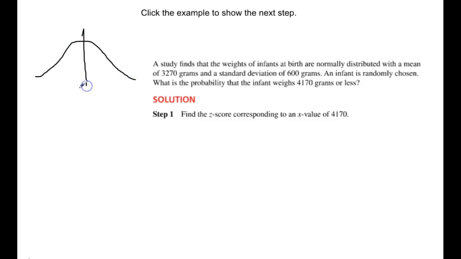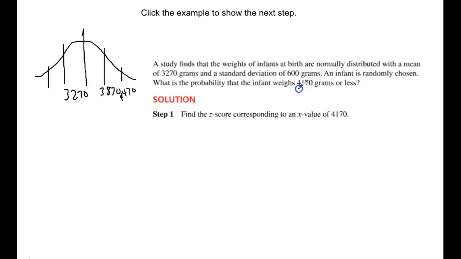I know that my mean is 3270, and I have a standard deviation of 600, so if I add 600 to that, I end up with 3870, and if I add 600 to that, I've got 4470, and then I can look down here as well.